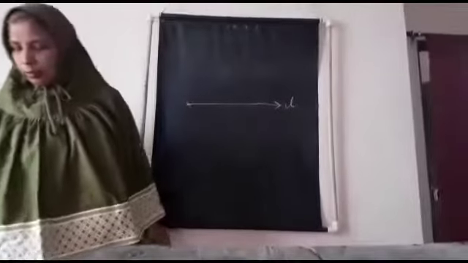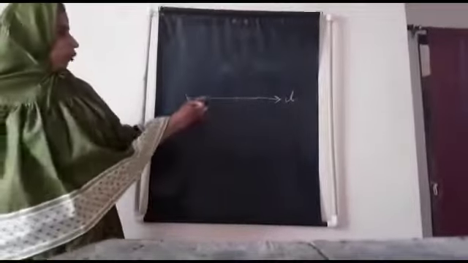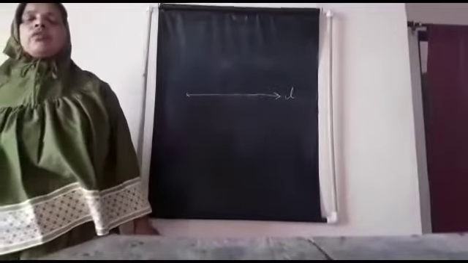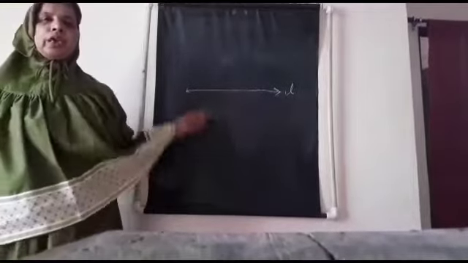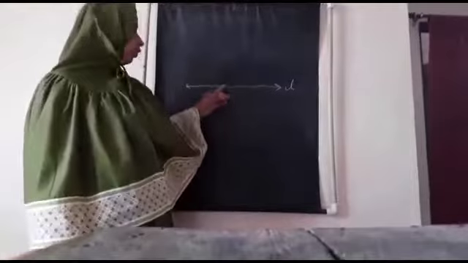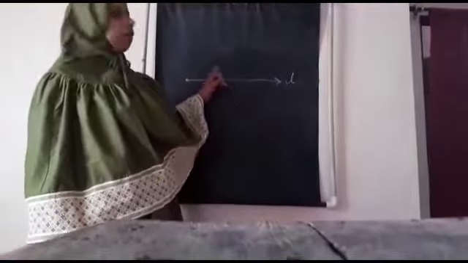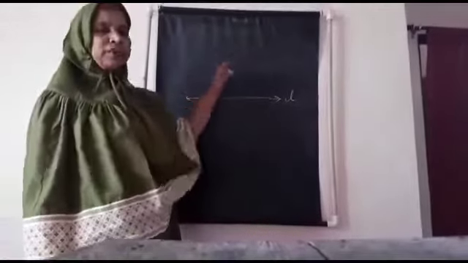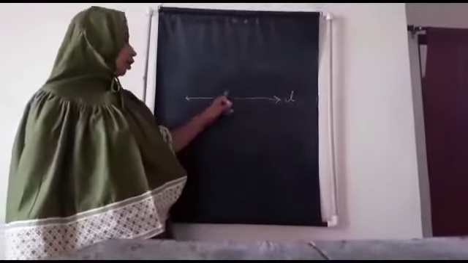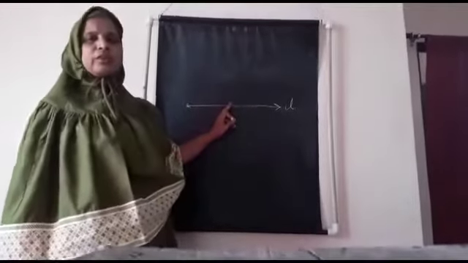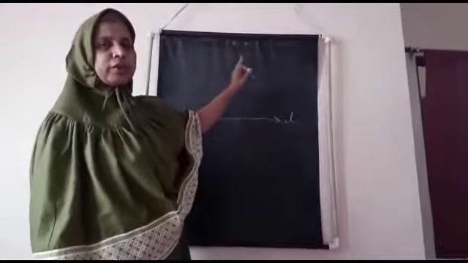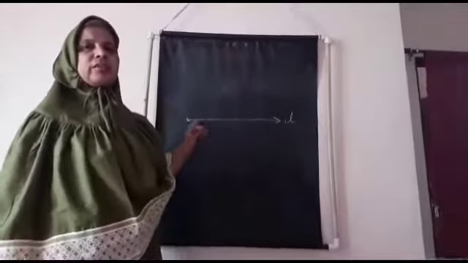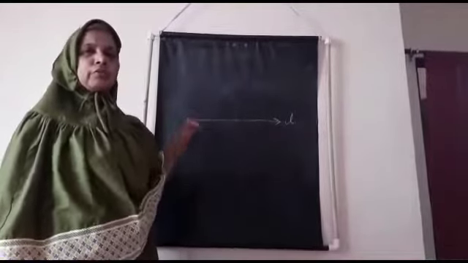I am going to explain the meaning of equidistance. Equidistance means that, in the case of the 3 points being non-collinear, if one point is equidistant from the remaining 2 points, then its distances from the given 2 points are equal.